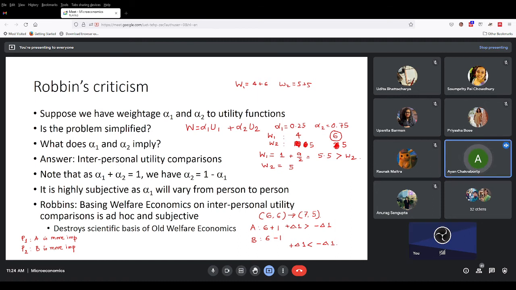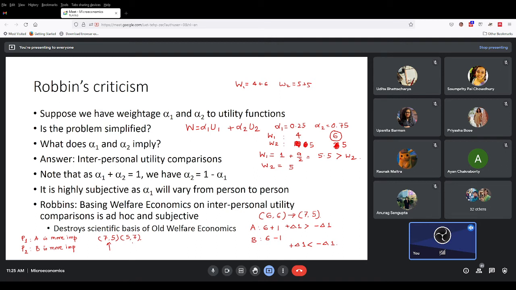Sir, but policy making is restricted to the government, so we should be only thinking from the side of government and not what we think personally. No, no, interpersonal utility comparison doesn't mean that you're friends with someone. What I'm saying is, if you compare between 7 and 5 and 5 and 7, see, if you're choosing this, you're saying that A is more important to me.